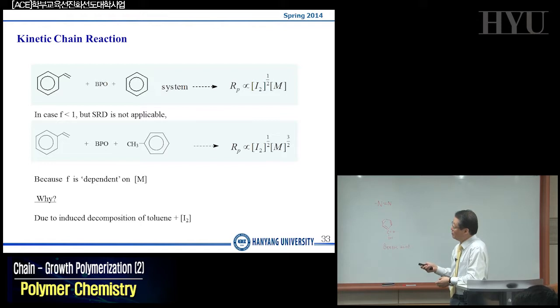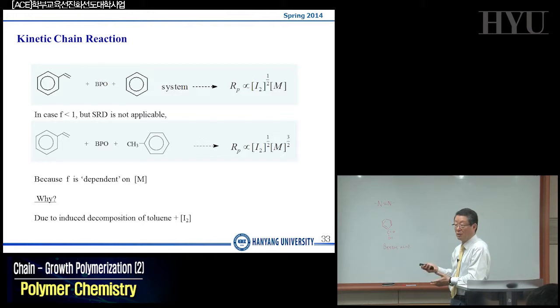For styrene with benzoyl peroxide with benzene as the solvent system, Rp, the rate of polymerization, is dependent upon monomer concentration and I2 to the square root. Okay? But in some cases, if I change the solvent from benzene to toluene, the rate of polymerization will be dependent upon monomer concentration to the square root times the monomer concentration.